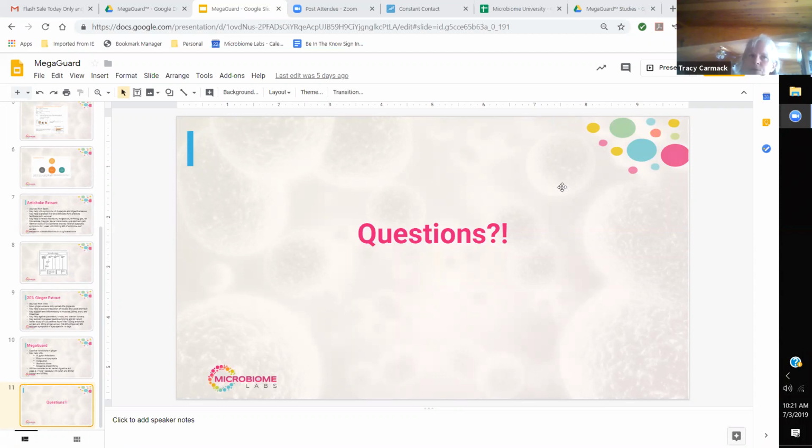Right. So those barriers have to be reestablished. For the intestinal part of it, that's what MegaSpore does. For the gastric part of it, that's what MegaGuard is going to do, so that we can reestablish the proper condition for each segment of the GI from the mouth to the anus.